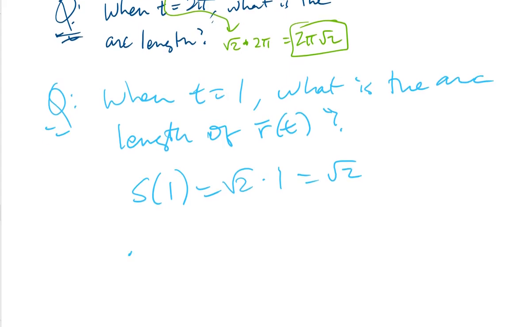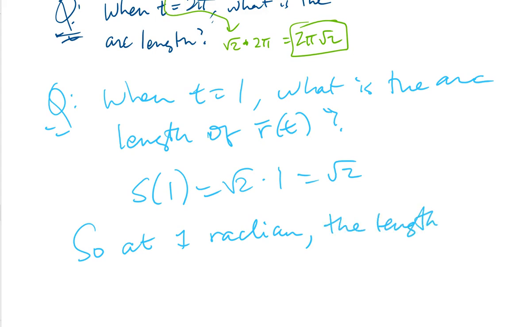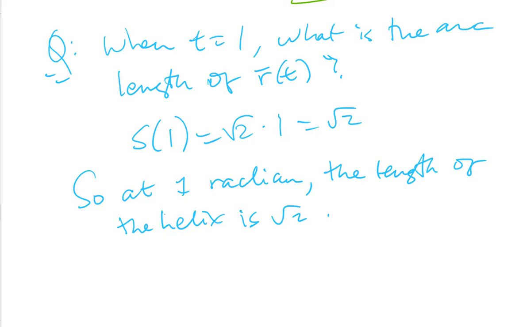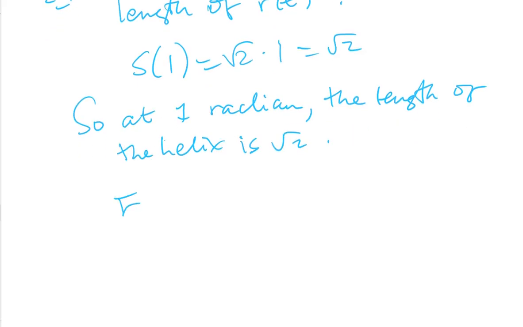So at 1 radian, the length of the helix is root 2.